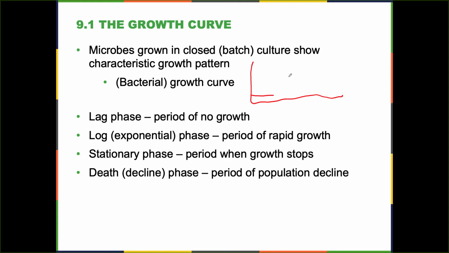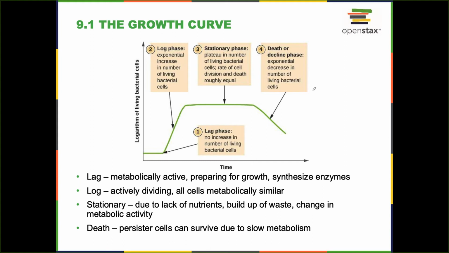If now we see a period of rapid growth or an increase in number, what will our log graph show us? It should show us an increasing straight line, right? Once again, now we're hitting a period where growth stops, so we should see no growth. Once again, then that should be a straight line. And then our death period of population decline, which will be the opposite of growth, which then means that things are going down, right? Look what we just drew. Look what our growth curve looks like. Just what we drew, right?